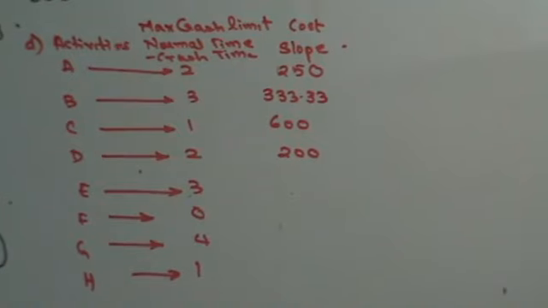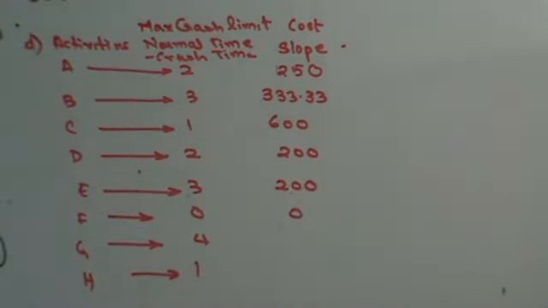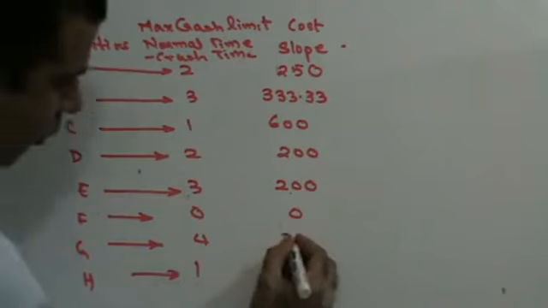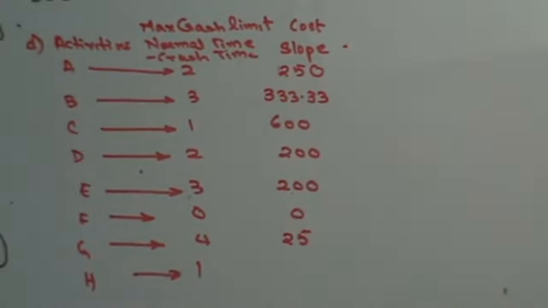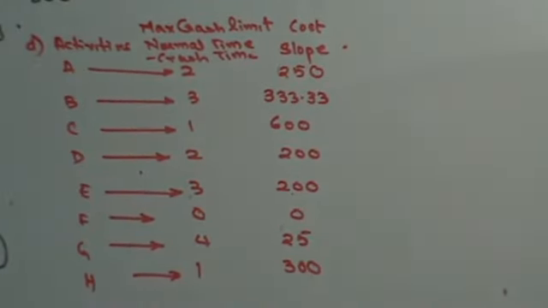Then 1500 minus 900, 600 divided by 3, 200. This is 0 because everything is 0 there. Then you have 400 minus 300, 100 divided by 4, 25. And finally you have 800 minus 300. So that's how you get your cost slope.